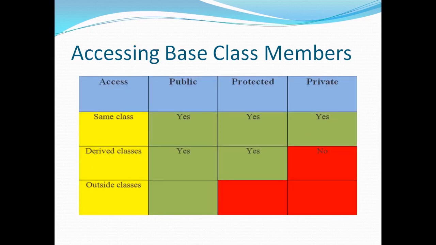When a member of the base class is public, it is also accessible by its derived classes, and a protected member is also accessible by derived classes. But if a member of the base class is private, then it cannot be accessed by derived classes.